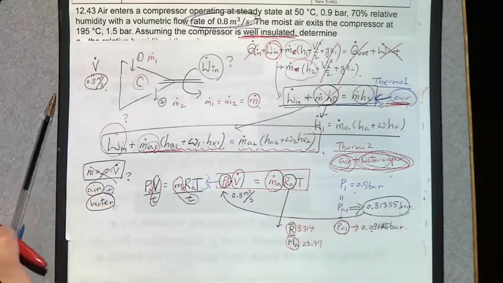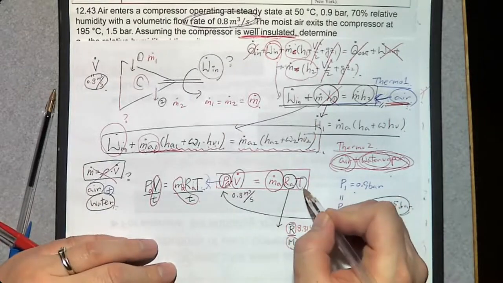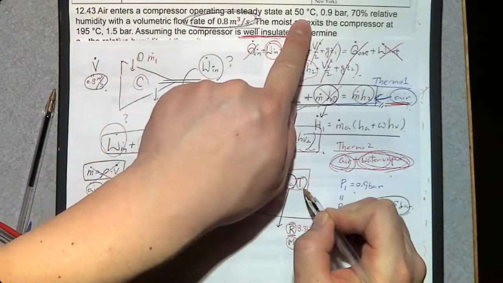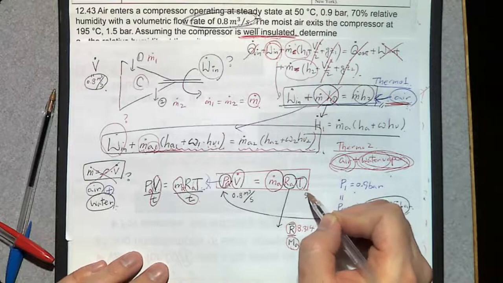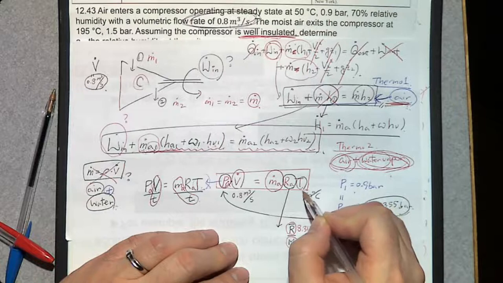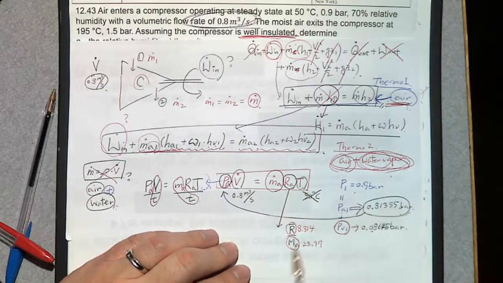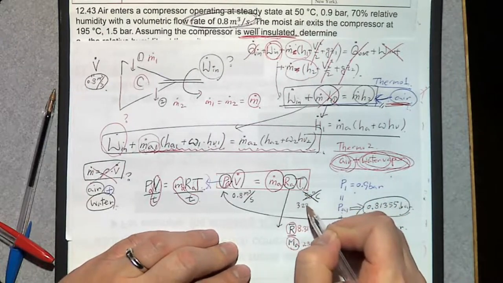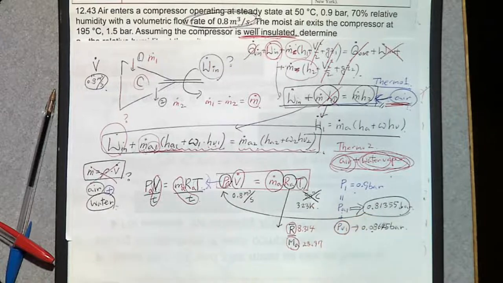What is the temperature? 50 degrees Celsius. If I say 50 degrees Celsius, then it is incorrect. You have to use Kelvin. So instead of 50, we can use 323 Kelvin. Then we have everything.